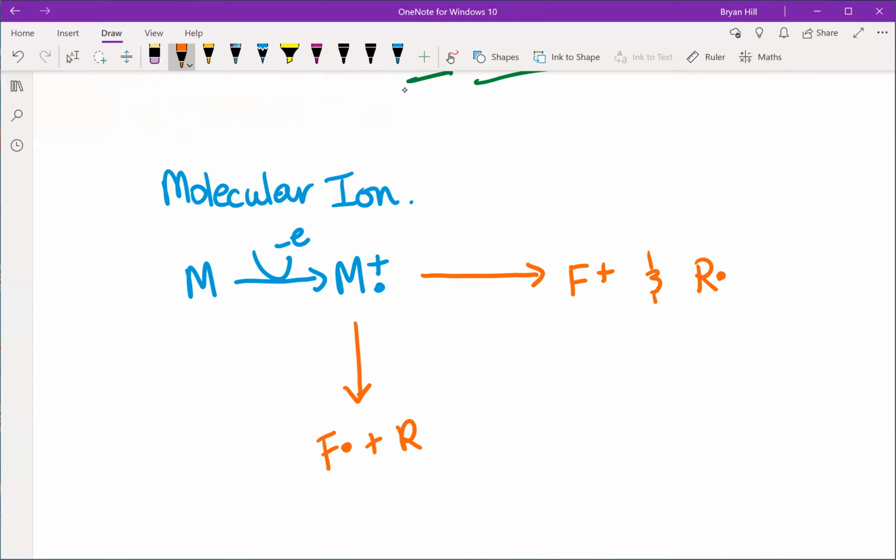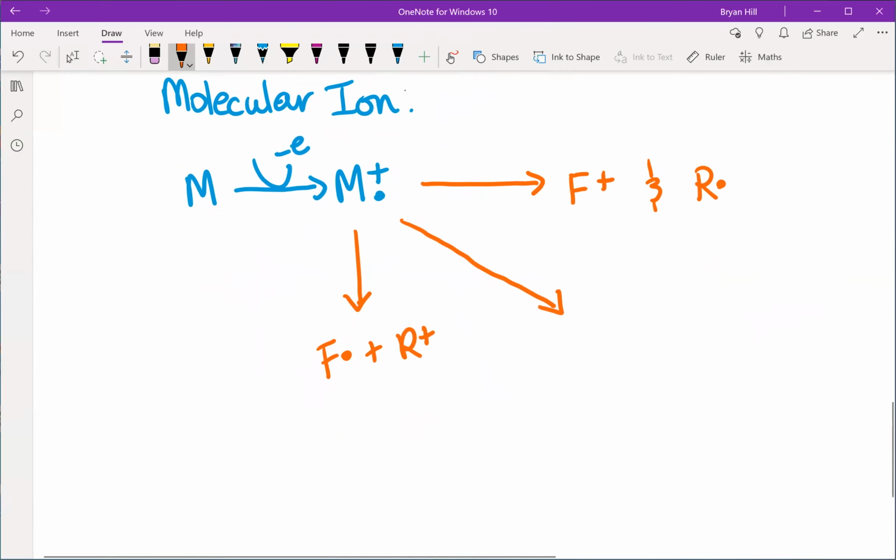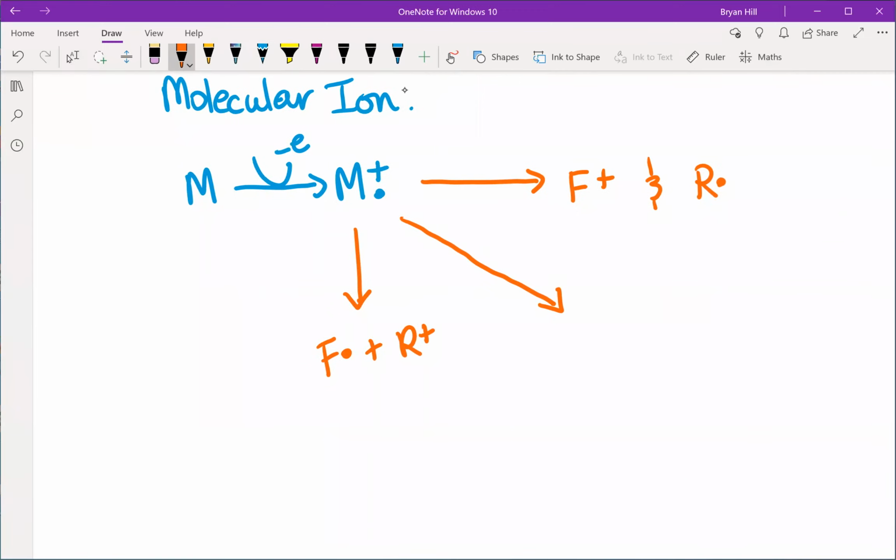A third way is that you could form a neutral compound and have a new species, we'll call this O, which is a radical cation.